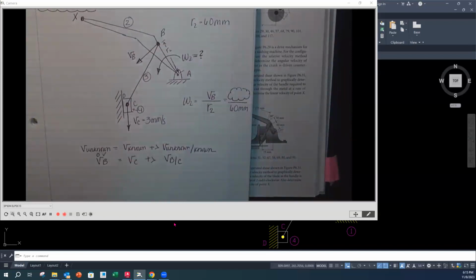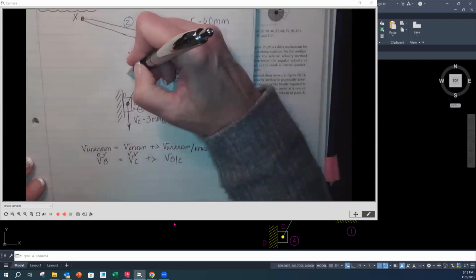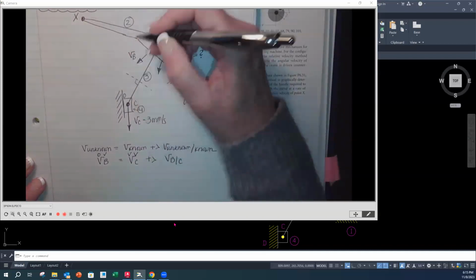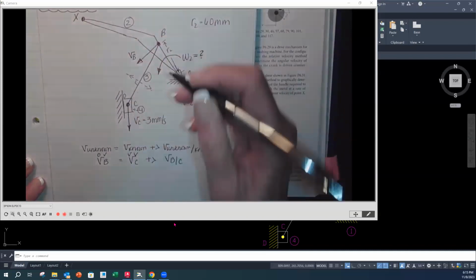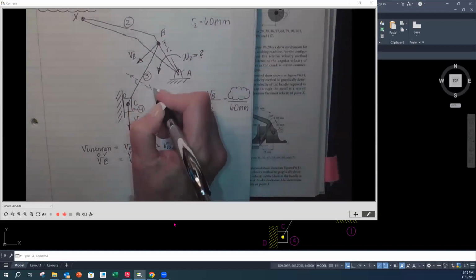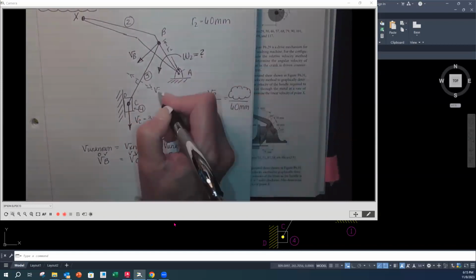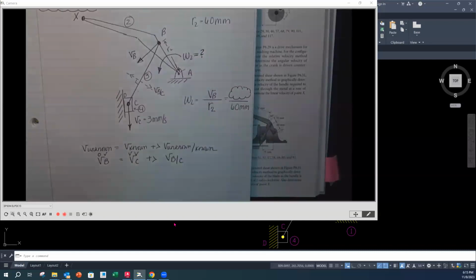And then we already know magnitude and direction for VC. We know it's going to be 3 millimeters per second going down. And then the velocity of B relative to C is going to be on a line of action perpendicular to the line connecting B and C. So this is going to be the velocity of B relative to C. Okay, this all is familiar, except this time our variables are in a little bit different order because of what we know and what we have to find.